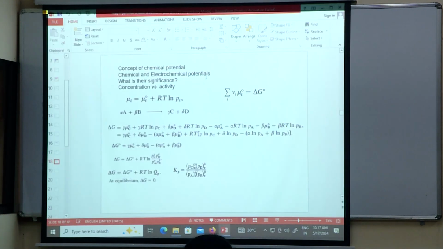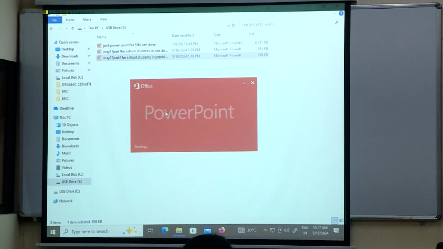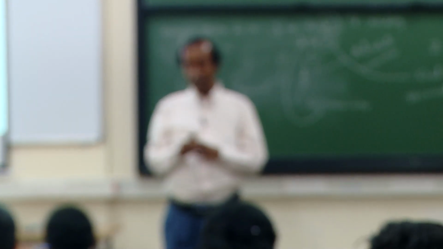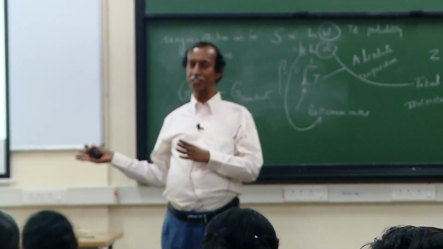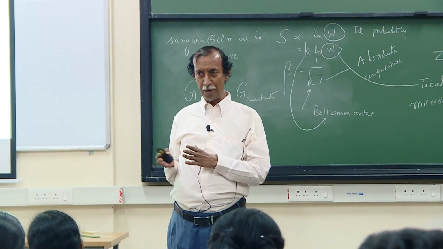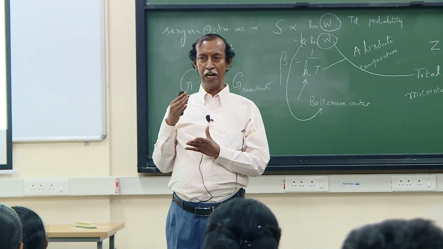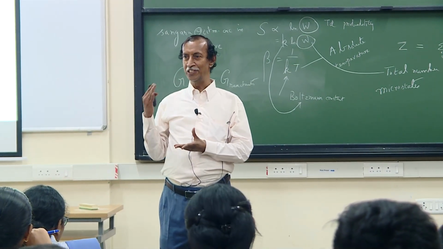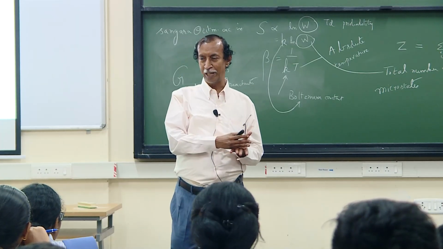So, the chemical potential of the ith species is written as a standard part and a non-standard part. The non-standard part will contain partial pressures of the gas. When the pressure is unity, ln 1 is 0, so you get the standard chemical potential.